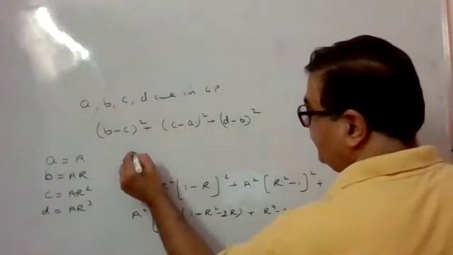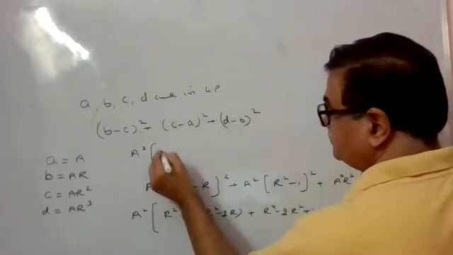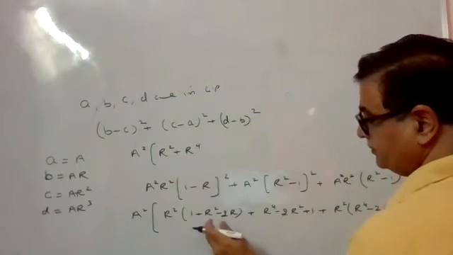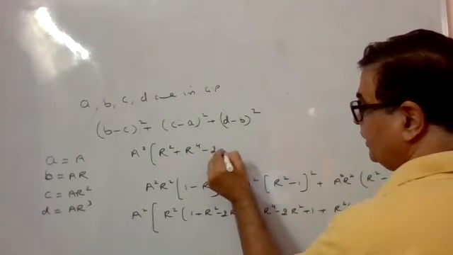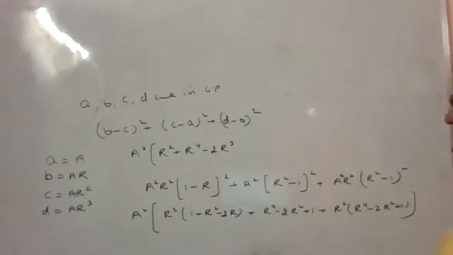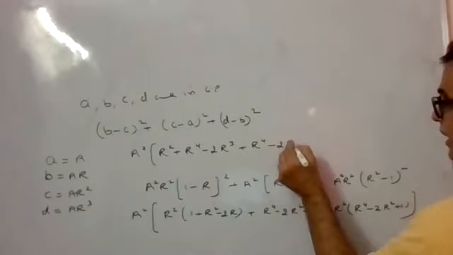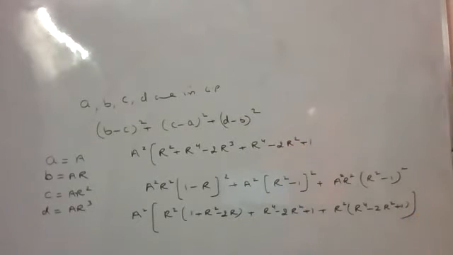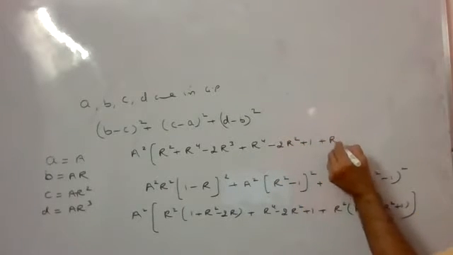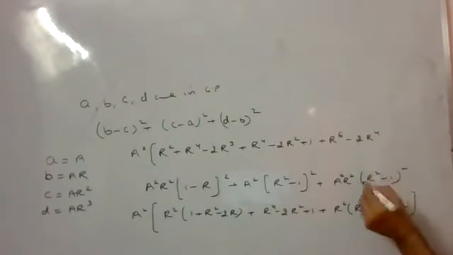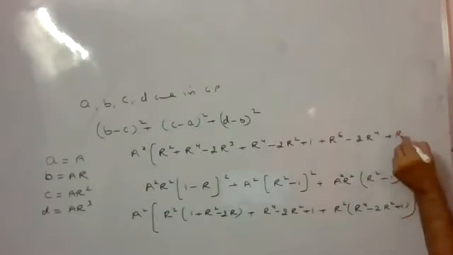Now we will simplify. R square plus R4 minus 2R cube, then R power 4 minus 2R square plus 1, then it comes out to be R power 6 minus 2R4 plus R square.